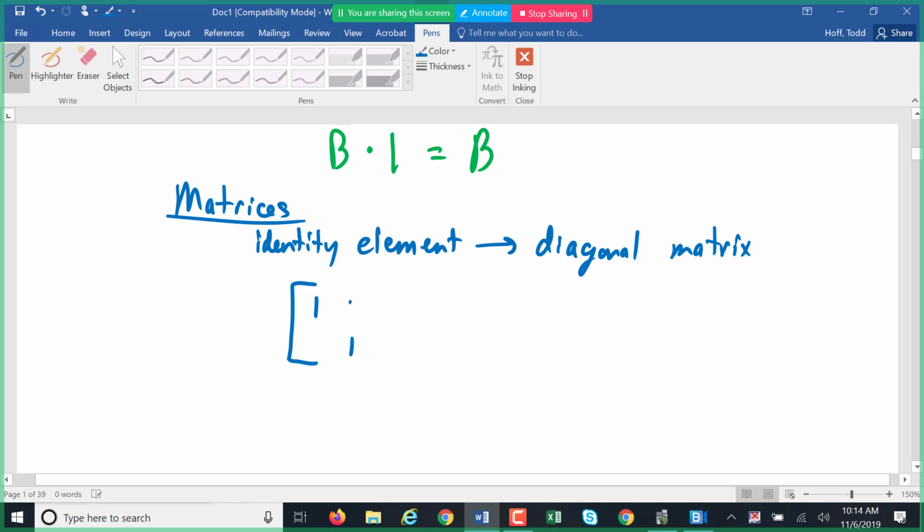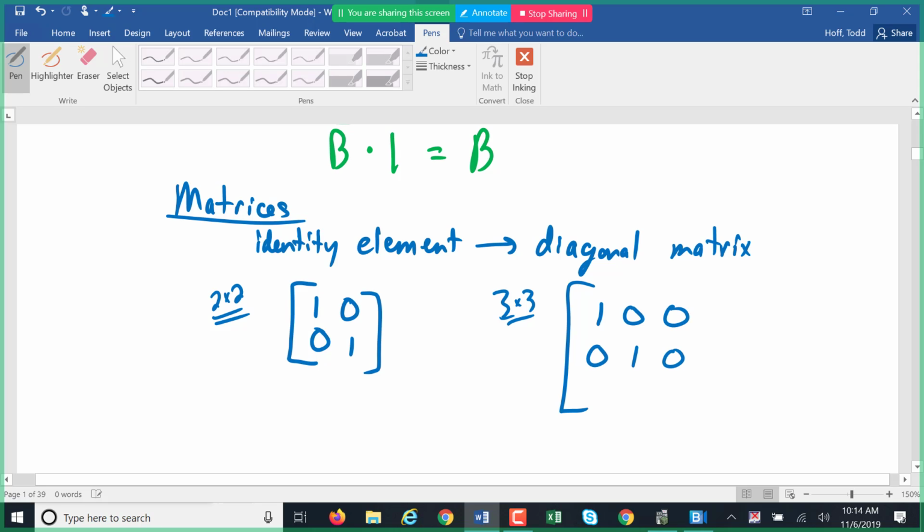So a diagonal matrix has ones along the diagonals, and zeros everywhere else. So this is a 2 by 2 diagonal matrix. A 3 by 3 diagonal matrix, of course, is just going to be like that. 1, 0, 0, 0, 1, 0, and 0, 0, 1.